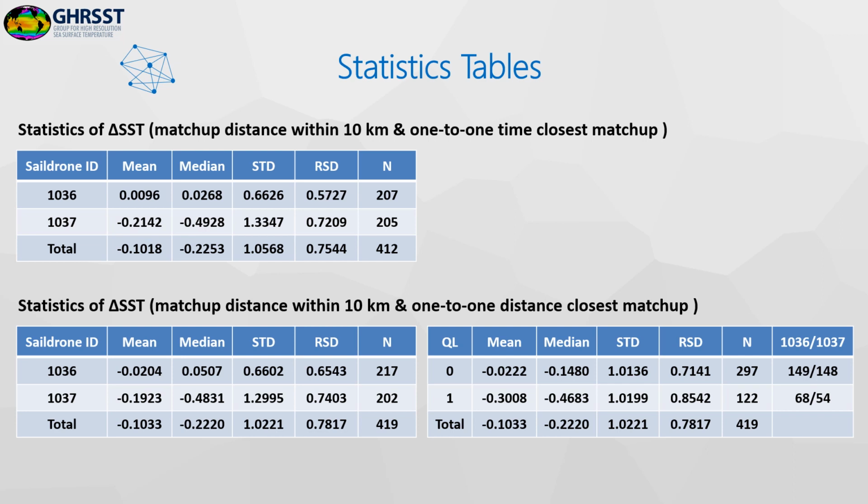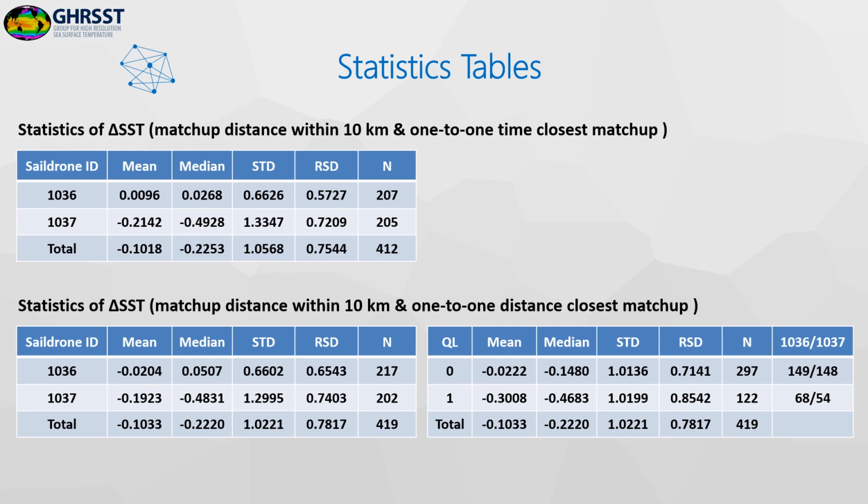The statistics for 1036 MODIS matchups are relatively good, with pretty small mean and median. However, the MODIS SST biases are much more significant for the skin SST derived from measurements taken by Saildrone 1037, and this needs to be further studied.